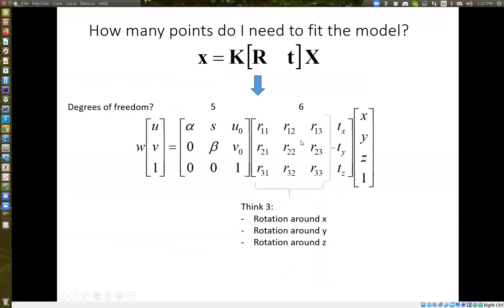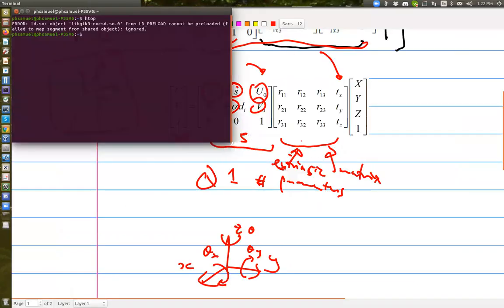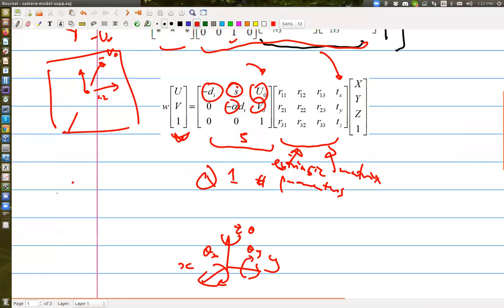Okay, maybe I should just write it here. So what I mean is we have an M matrix, right? This is K times R T, or rather R and small t here.